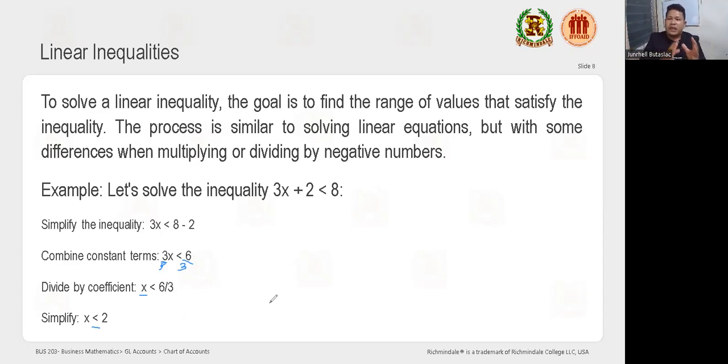But if the statement is false, then the shaded region must be opposite to where the 0, 0 point of the coordinate plane is located. That is how you identify the shaded region of linear inequalities. Later on, I'll give you examples on how to solve that, using different variables and different numbers so that you can understand.